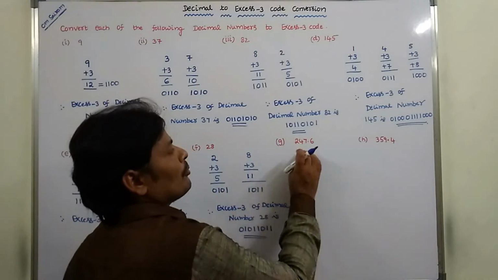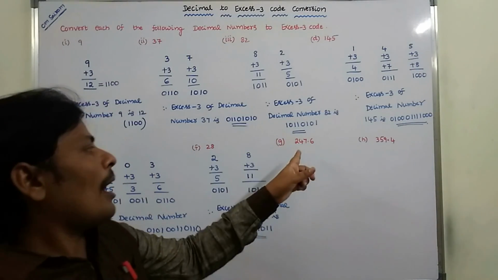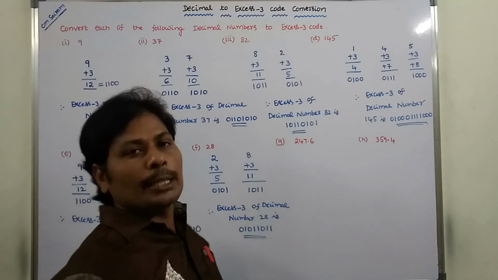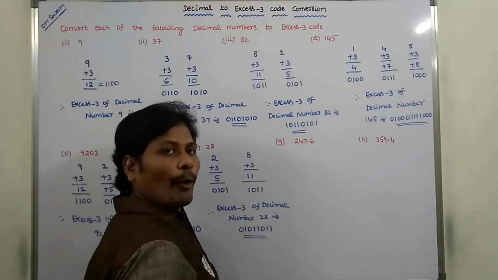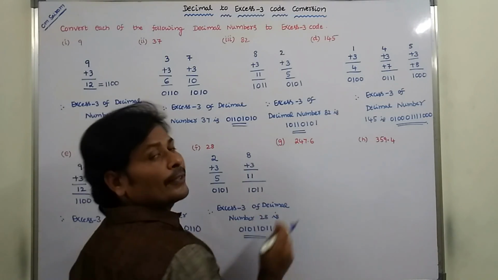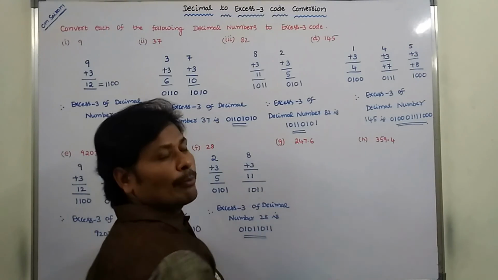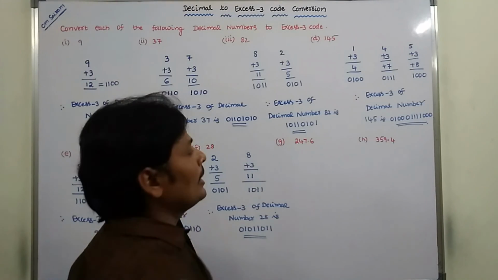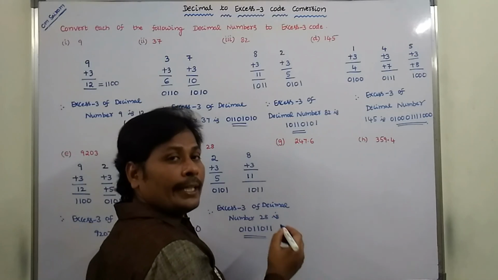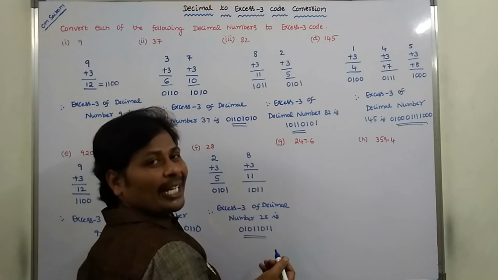Okay. Next one, what is the excess-3 code of decimal number 247.6? How many digits are there? Before the decimal point 3 digits, after the decimal point 1 digit is there. So for each and every digit we have to add plus 3.